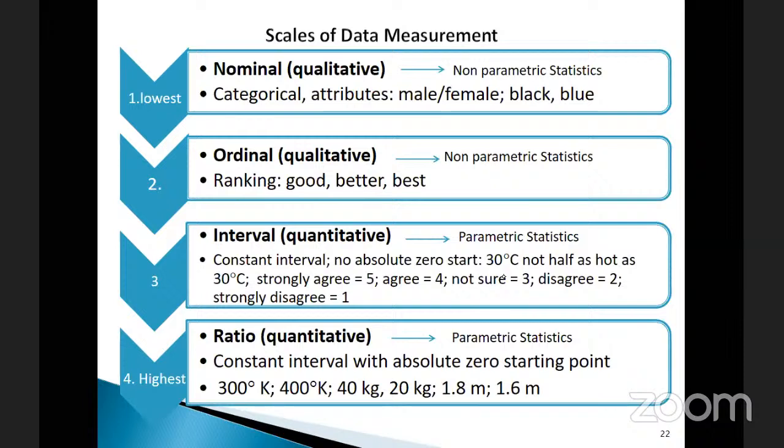Also, you can be collecting data where the respondents are saying strongly agree, maybe on a scale of 5, agree 4, not sure 3, disagree 2, and strongly disagree 1. Again, this is interval.